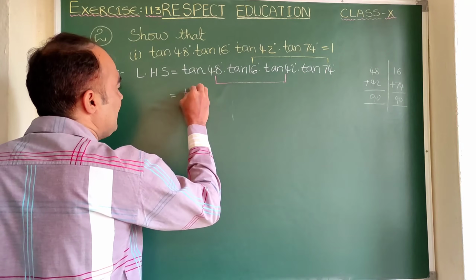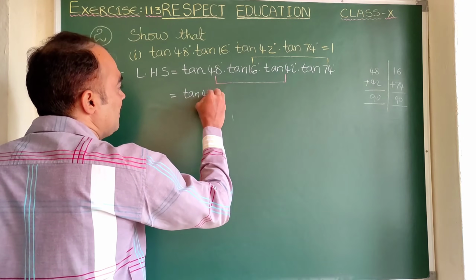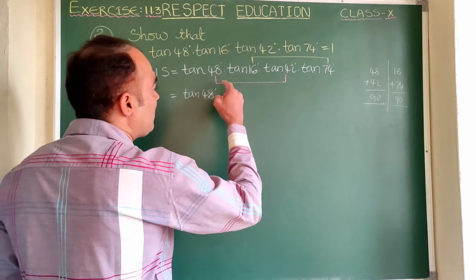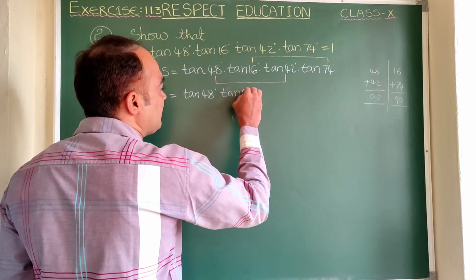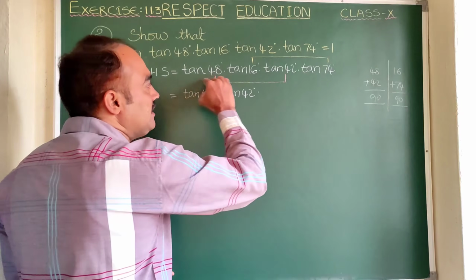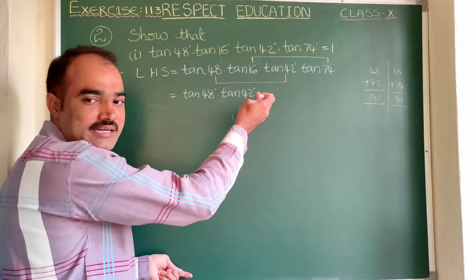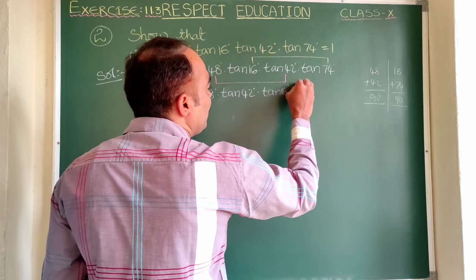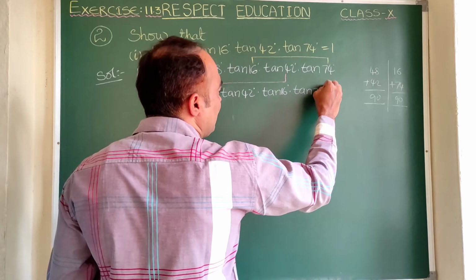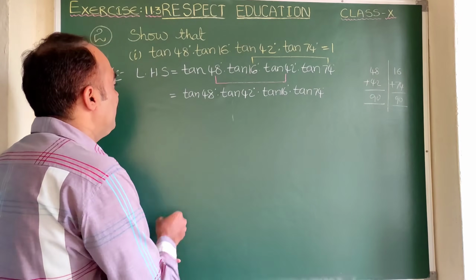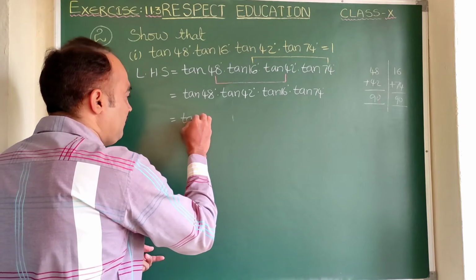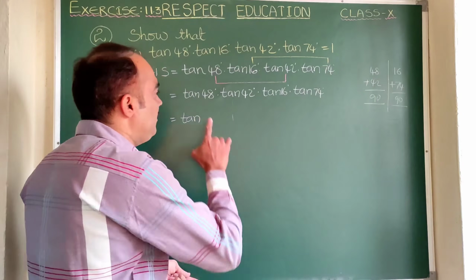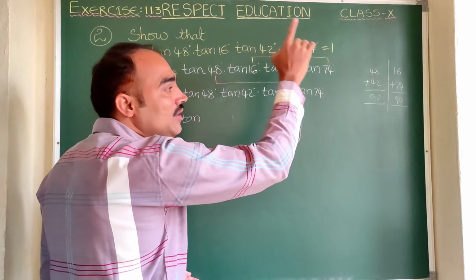Now let us write them together. Let us rewrite this question once again: tan 48 into, let us rearrange, tan 42 degrees. Clear? Because it is a product, it is in multiplication, it can be altered. So here let us write tan 16 degrees into tan 74 degrees. Now let us see the formula. 48 plus 42 is 90, means 48 can be written as 90 minus 42.